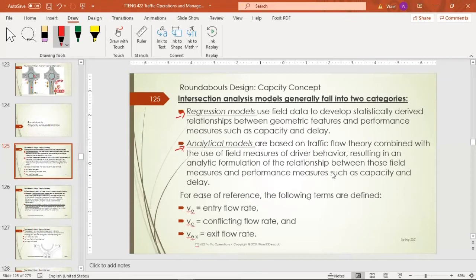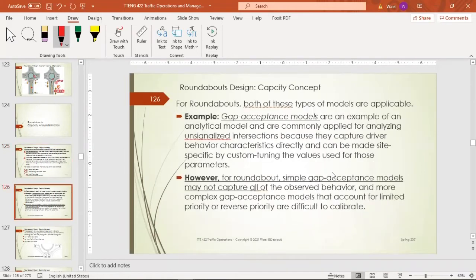For ease of reference, in the following terms we are going to use VE for entry flow rate, VC, that's conflicting flow rate, and VX, that's the exiting flow rate. Okay, so the capacity concept for roundabout design: for roundabouts, both of these types of models are applicable.